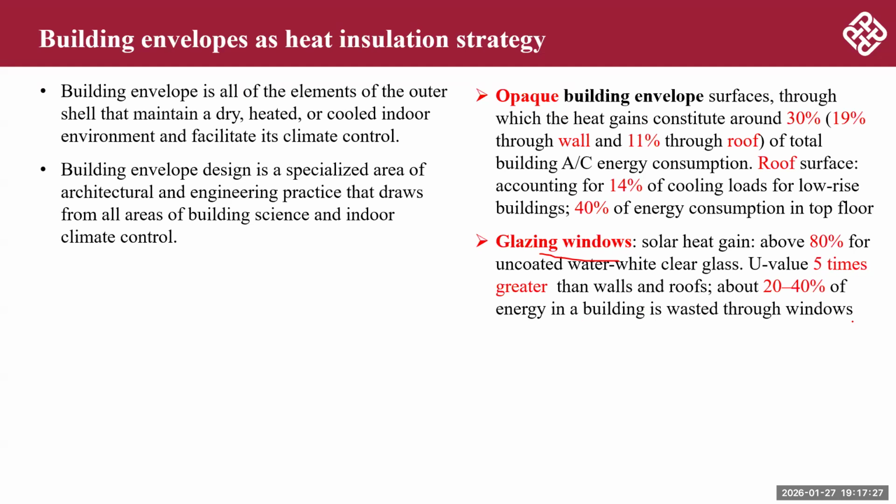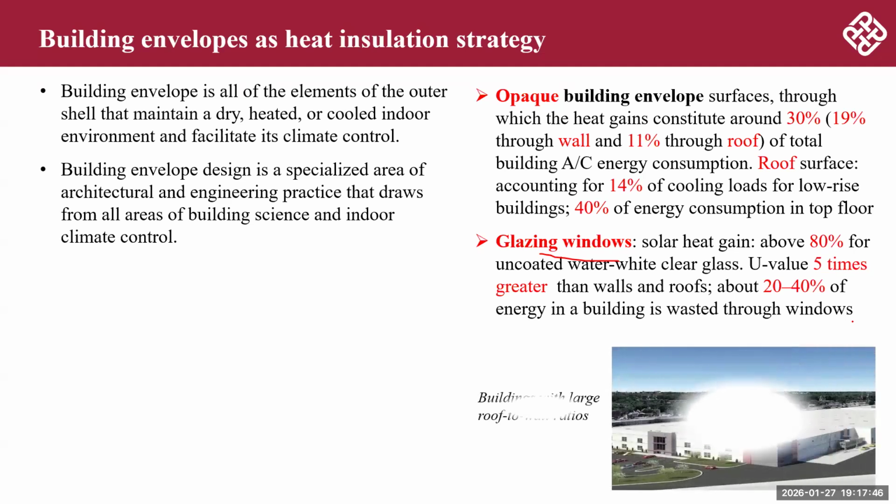That's easy for us to understand. So buildings with a large glazing window area easily lose heat or gain heat due to their poor thermal performance. Some buildings, like manufacturing factories, usually have a large roof to wall ratio.